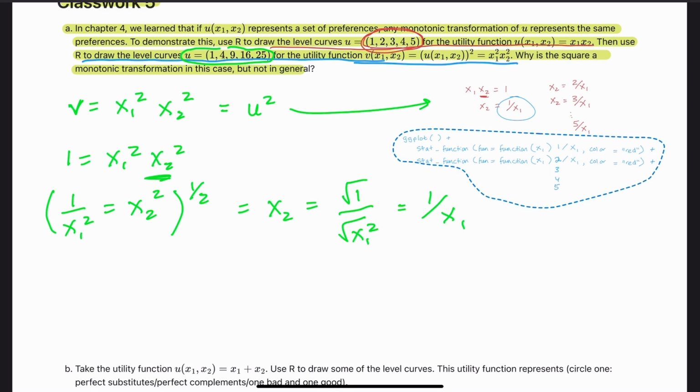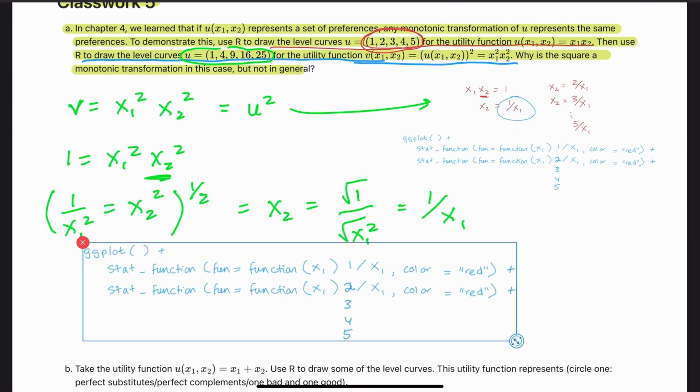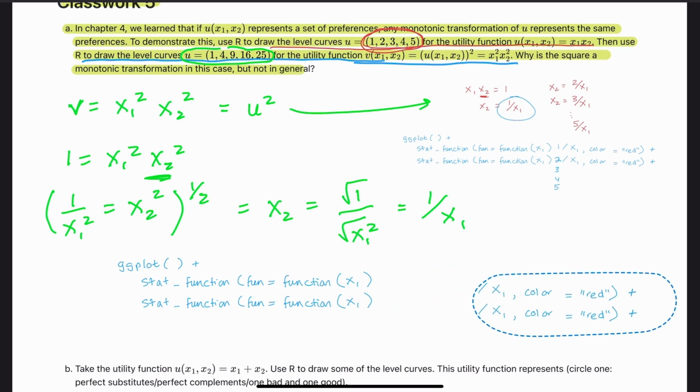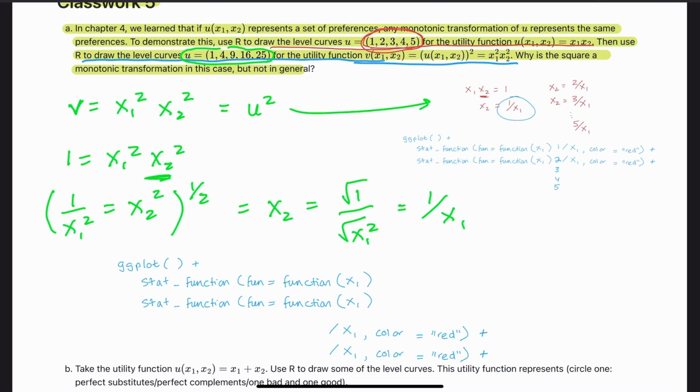So I'll just copy paste this. Our code is going to look a lot like this, but I'm going to have a function that takes x1 and outputs the square root, that's the function in R to do square root, of, let's see, what do we want?